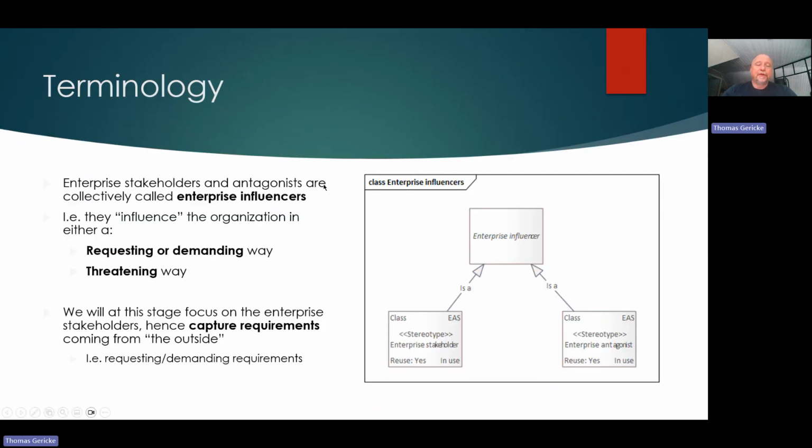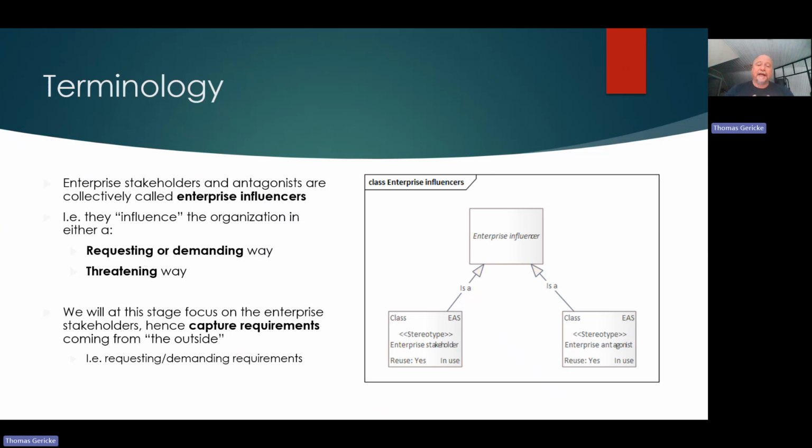So what are we talking about? What are the words or terminology we use? We talk in EAS and STM about enterprise influencers. Enterprise influencers are stakeholders that influence the organization as a whole. Enterprise influencers may be on our side, and then they are called an enterprise stakeholder, or they may be an antagonist.